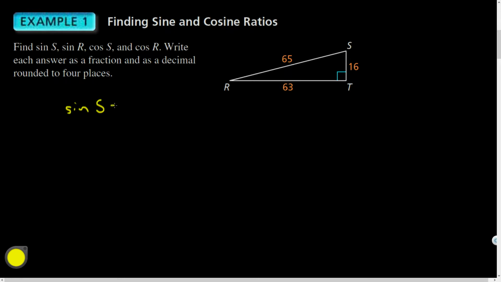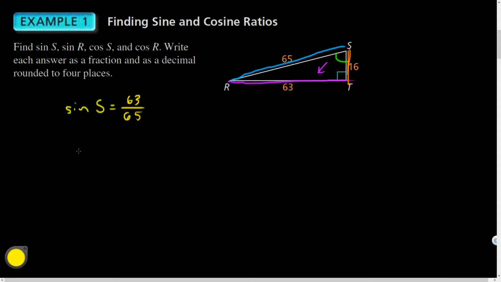Sine of S, let's look at where angle S is, right here. From S's perspective, the opposite is 63, the opposite leg, right? And the hypotenuse is the 65, and the adjacent is the 16. So the sine of angle S is just opposite over hypotenuse.